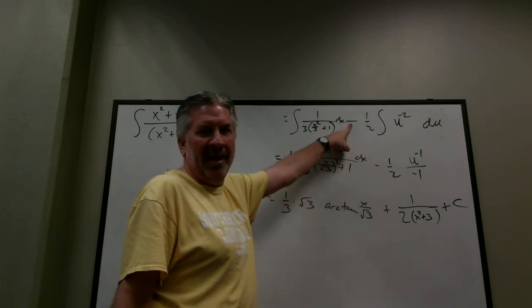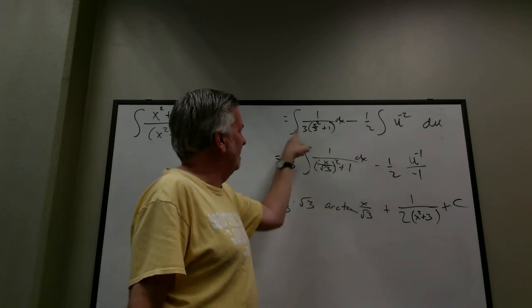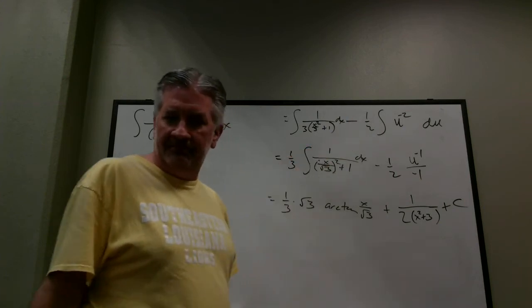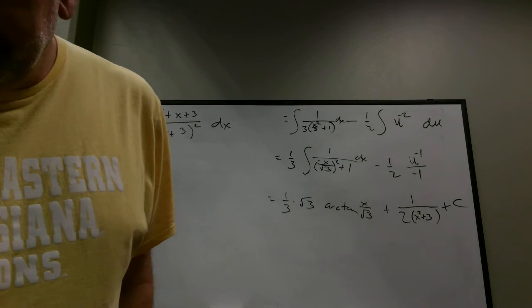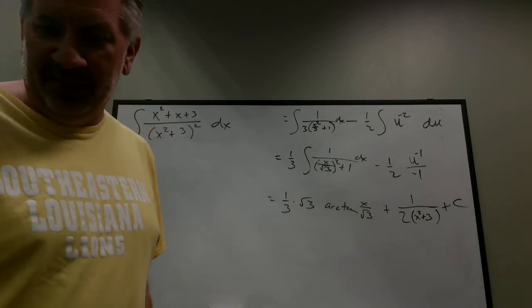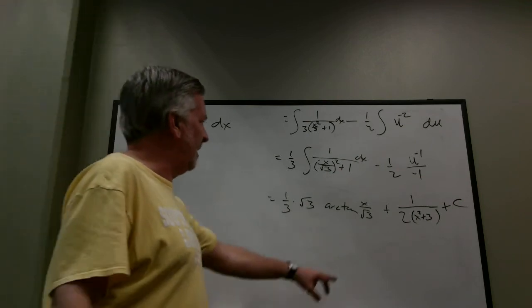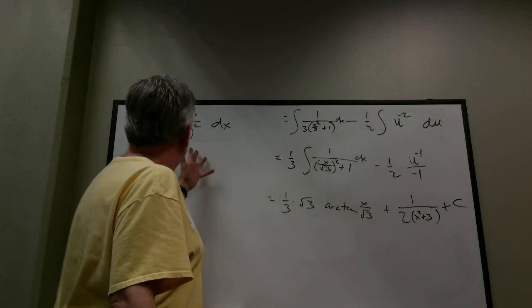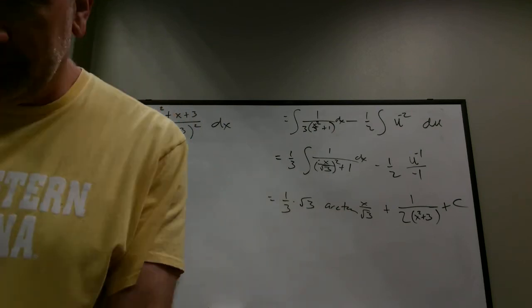So you're going to have to look back because I've erased everything. Maybe I accidentally put a minus here and it was supposed to be a plus. All right, so go back and look at that, unless I have a mistake in my notes. So in my notes I have a minus here, which means that should have been a plus. So you need to look back and see, I hate to say.